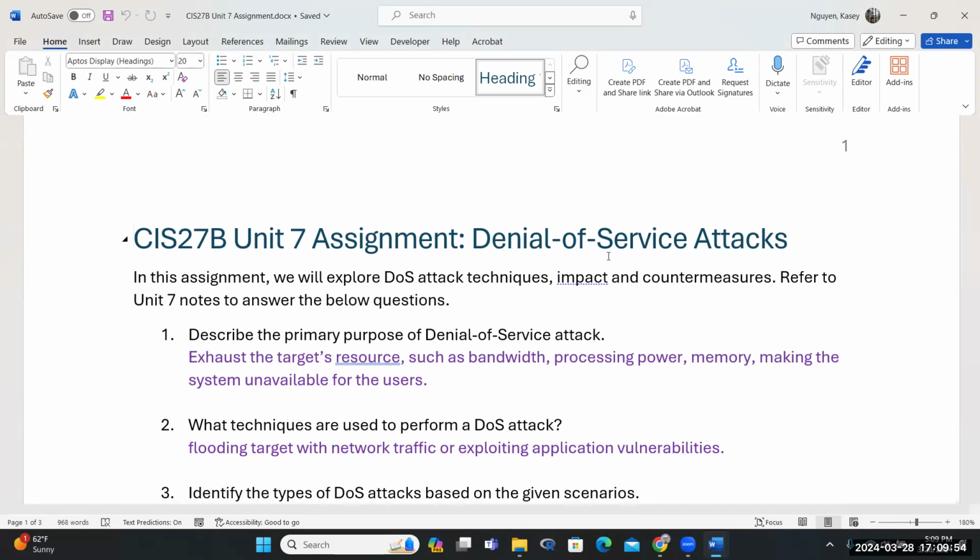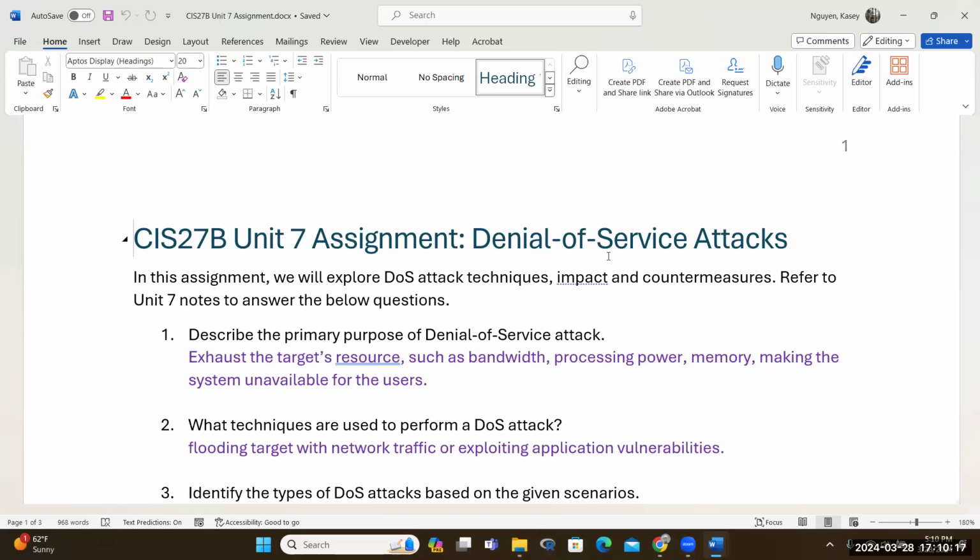And we know that in cybersecurity, we have confidentiality, integrity, and availability. Denial of service really is an area that we look at for availability, right? So this attack focuses on making things unavailable for that organization.